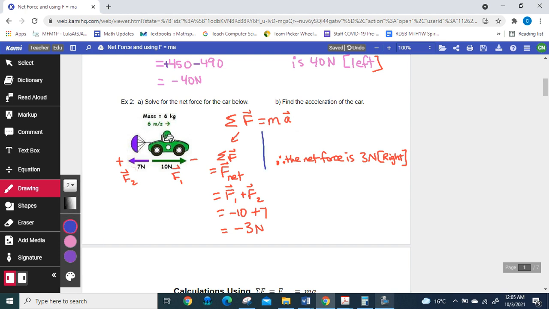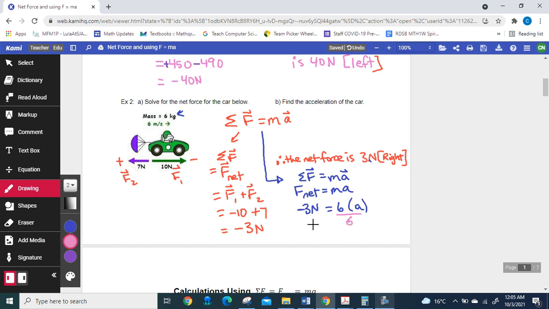Let's do it. So I know the sum of my forces is equal to the mass times the acceleration. So my net force is going to be equal to mass times acceleration. So my net force is 3 newtons, and we're going to keep that to the right, so that's negative, equals the mass, which is 6 kilograms, and the acceleration, oh, we're looking for that. Well, let's just rearrange here.